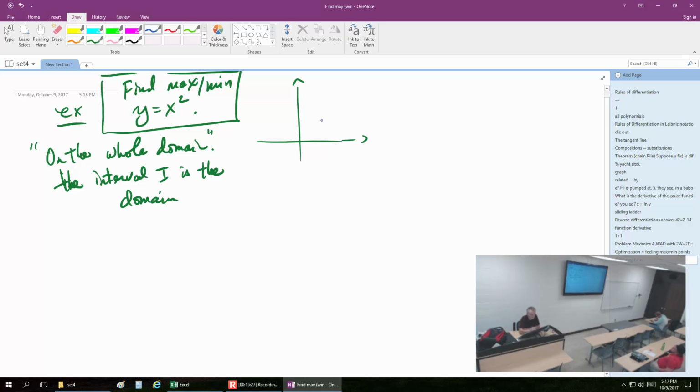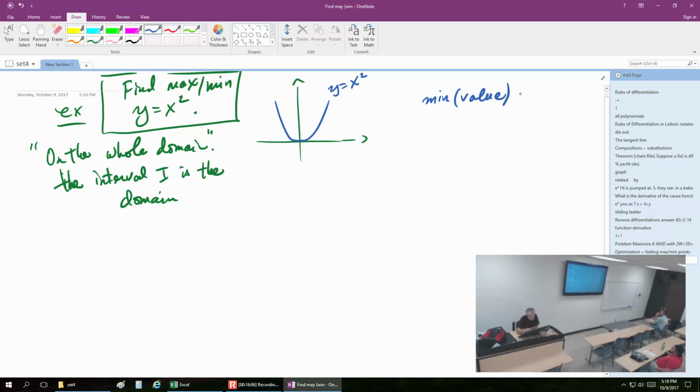So x squared is a simple function looking like this, and so what do we do? Once again, we know enough about it to answer all these questions. So our minimum would be 0. When you say minimum, you are implying this is a minimum value.